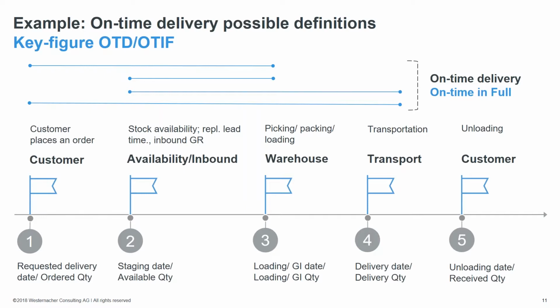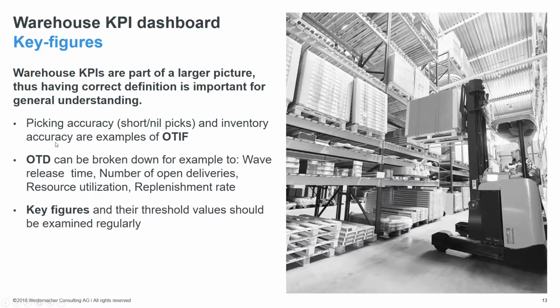So this definition is very important because we always have a larger picture. It's important to know how each KPI fits into the large picture, and helps us to understand the whole process.